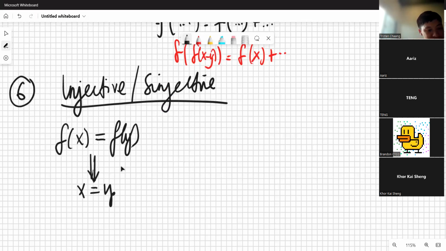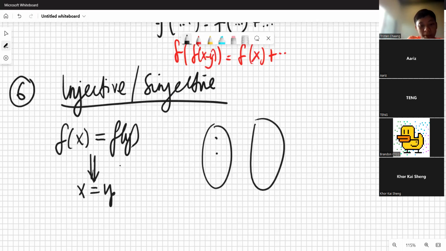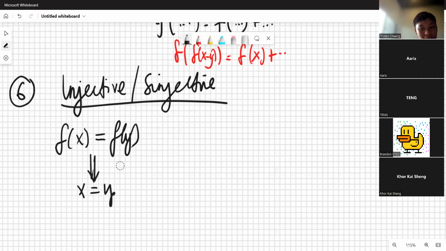But being an injective function means if you have two images being equal, that means their objects or their inputs must be equal. So if these are the two domain and codomain, you cannot have something like that. You cannot have something like that. So different inputs must lead to different outputs. That is what we call an injective function.